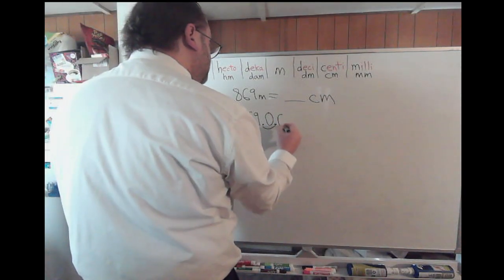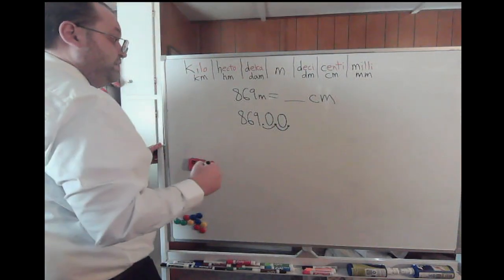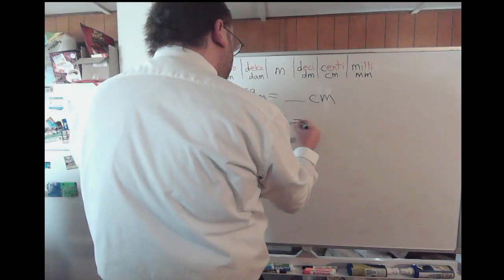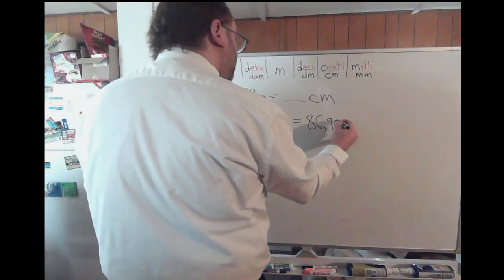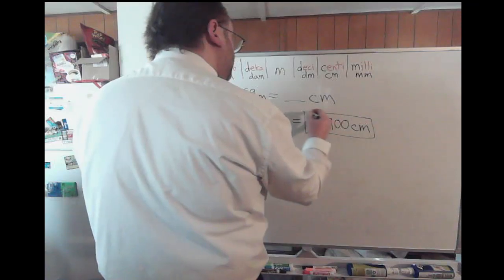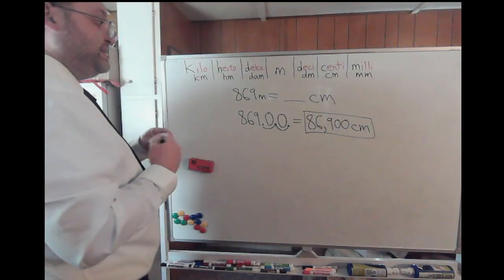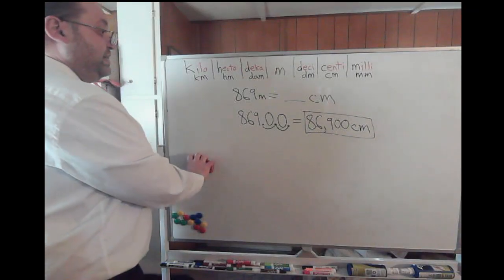We're going to have to add another 0 because we have to go to the right a 2nd decimal place. Then we'll be at centimeters. So your answer is going to be 86,900 centimeters. That's how you convert that to centimeters. Just move it 2 decimal places to the right, and that's what you got.